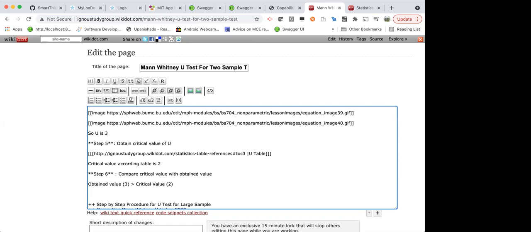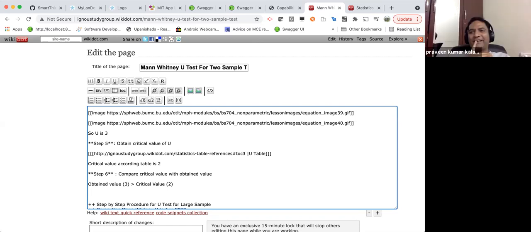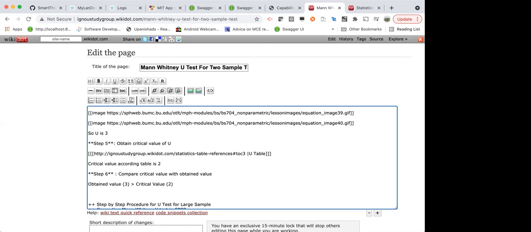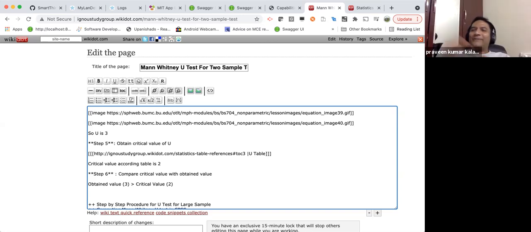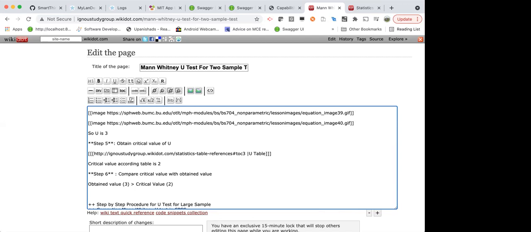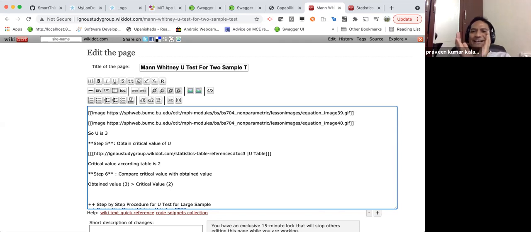In all other algorithms, when your obtained value is greater than the critical value, you reject. But here you do the reverse: the obtained value has to be lesser than the critical value, then you reject. Remember, this is a U test, so it takes a U-turn. That is the hint.